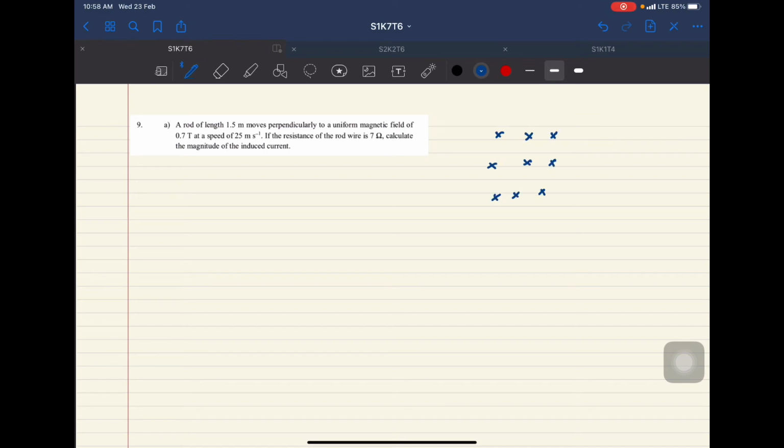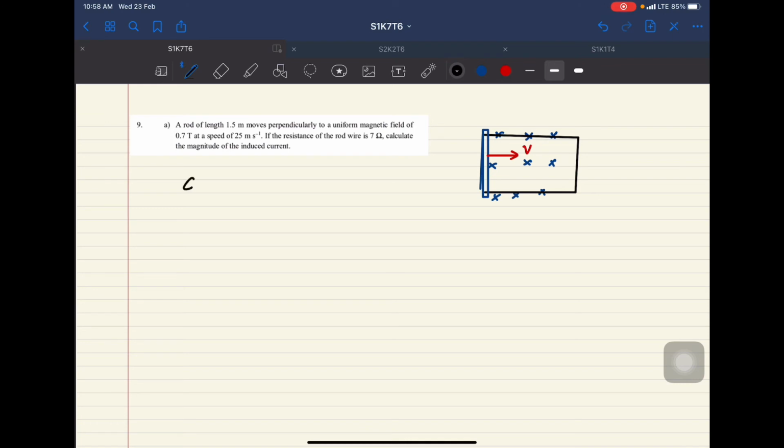Okay, and then you have a straight conductor moving perpendicular to the field. So maybe this is the conductor and it starts to move in this direction.